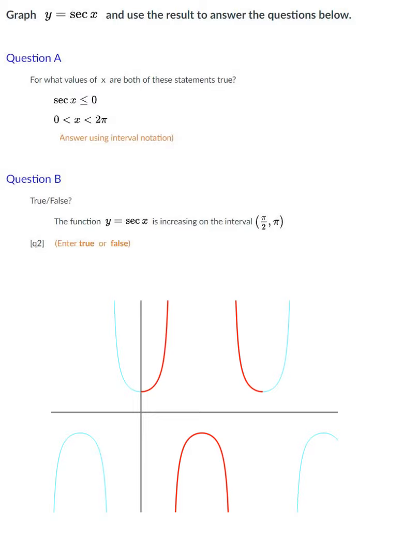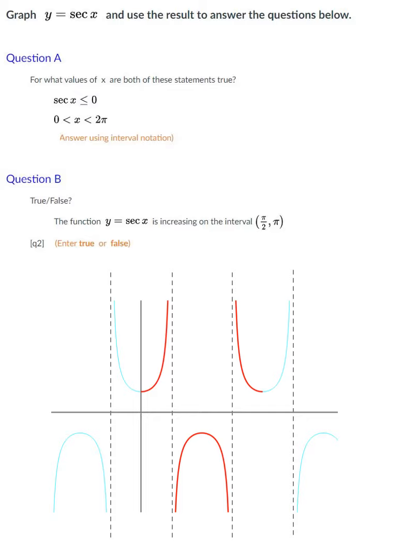So there's two ways you can get this graph. One is just from pure memory, but I have an alternative method that I like because I don't like memorizing things. What I do is I just remember that the secant is undefined at infinitely many places, and that's what causes these vertical asymptotes.